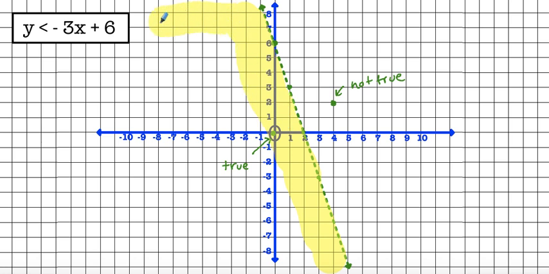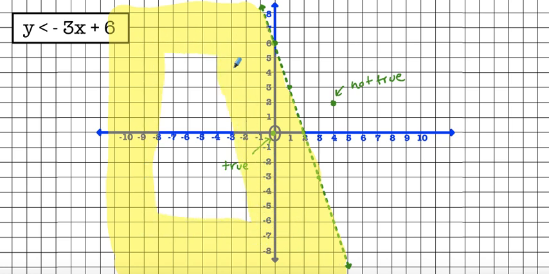And then we're going to highlight everything on this side, because these are all true. And that's it for this example.